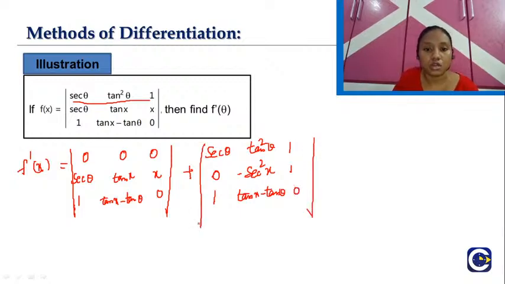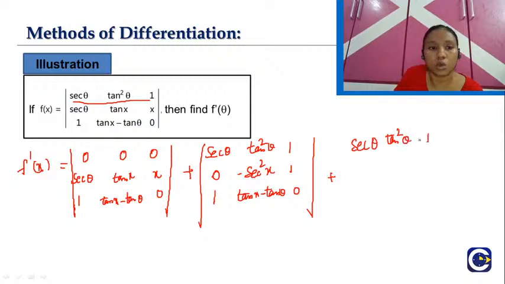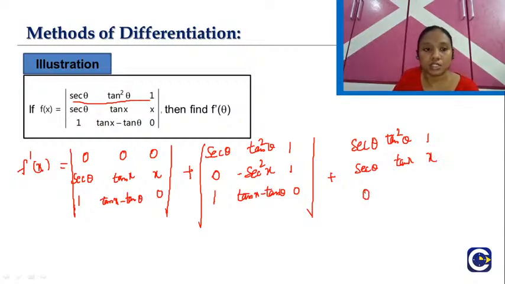Plus our third step: the first row will be as it is, tan square theta, 1, and here secant theta, tan x, and x, and here it will be 0, and tan x secant square x, and minus tan theta anyway 0 will be 0.